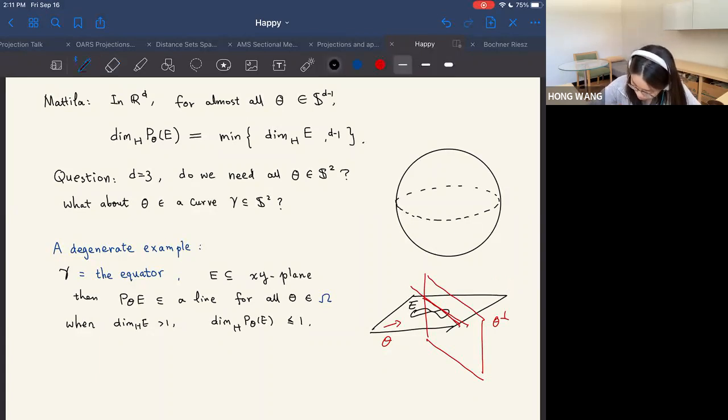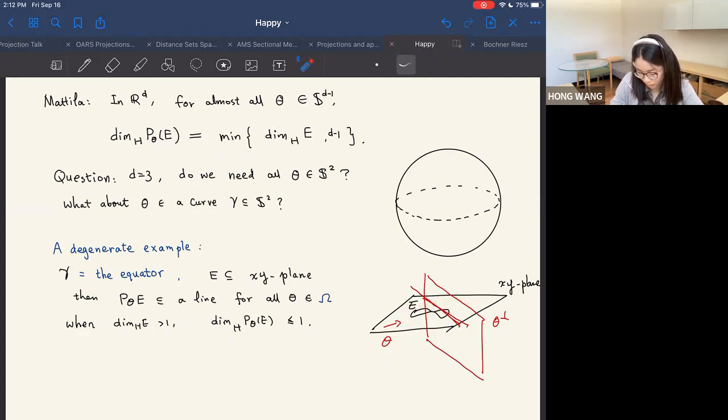When we consider our theta on this equator, it means that this theta will still be parallel to this XY plane. So any projection image will be contained in a line.